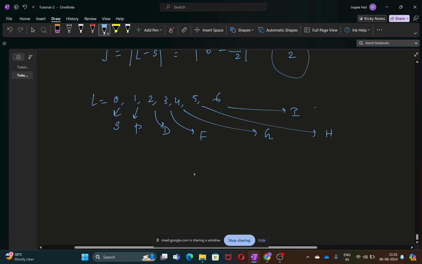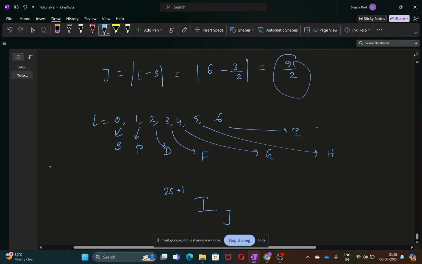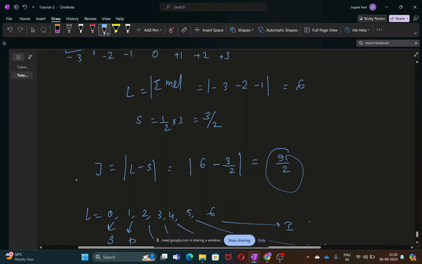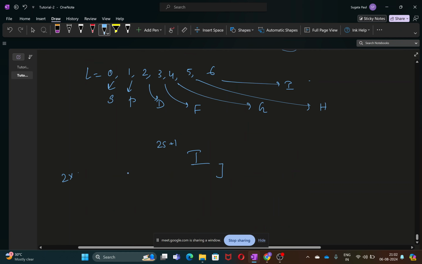So here the term symbol for L equal to 6 is I, then 2S plus 1, then J. Oh sorry, S equal to 3 by 2, I forgot, and J equal to 9 by 2. So 2S plus 1 is 2 into 3 by 2 plus 1, that means 4. So here it is I 4, then J is 9 by 2. This is your term symbol, even though this was not asked in the question, but I still solved it.